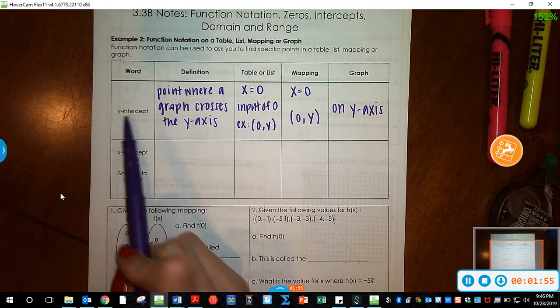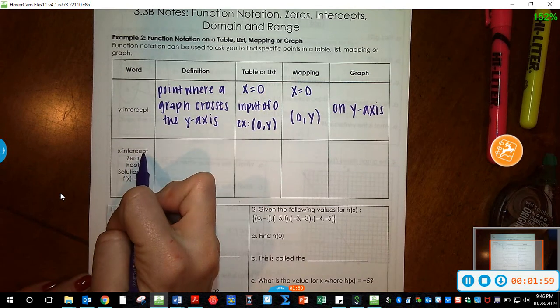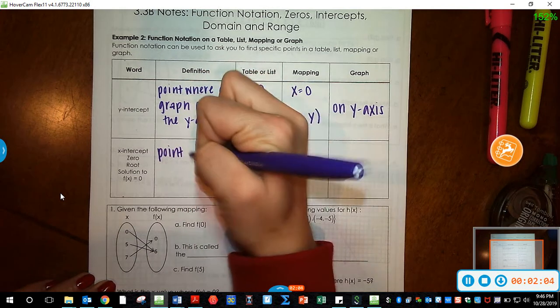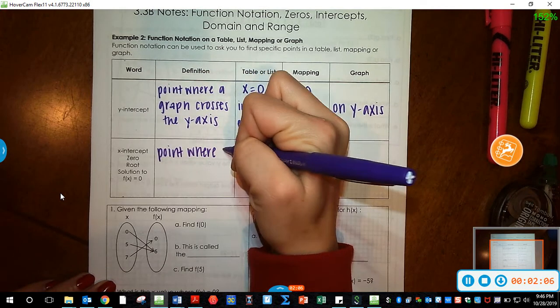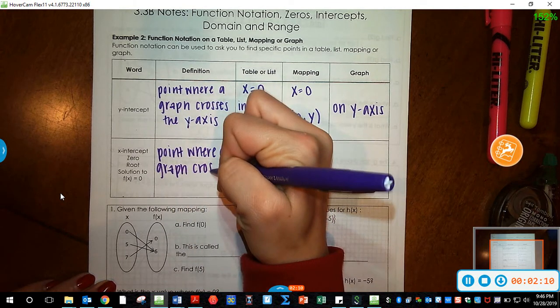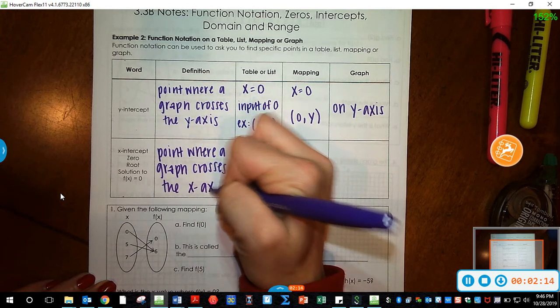Our x-intercept is the same, but it's now a point where a graph crosses the x-axis.